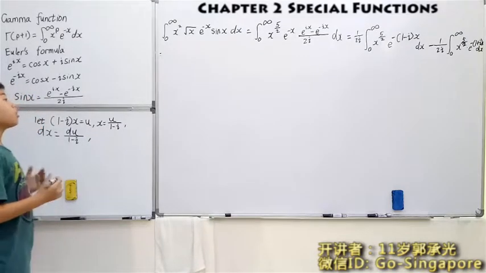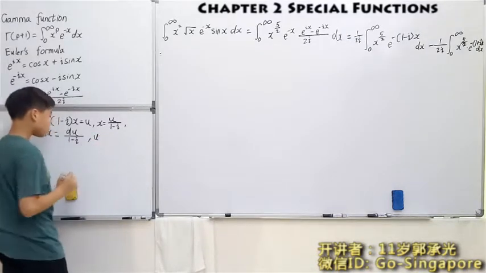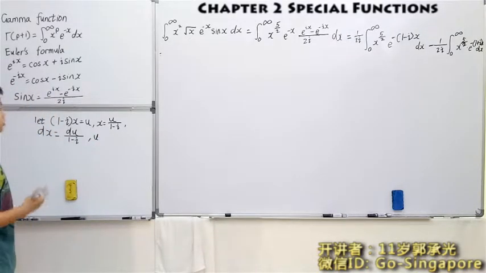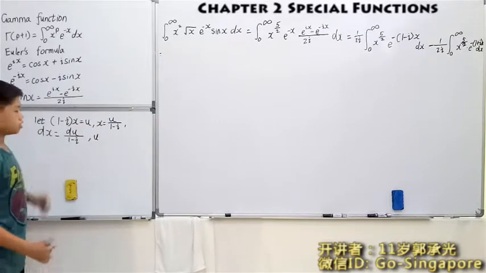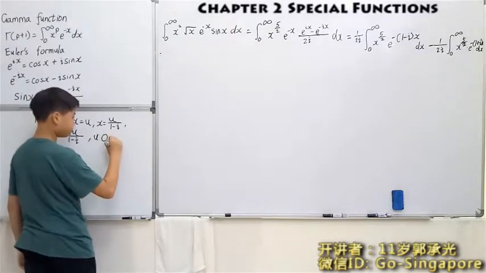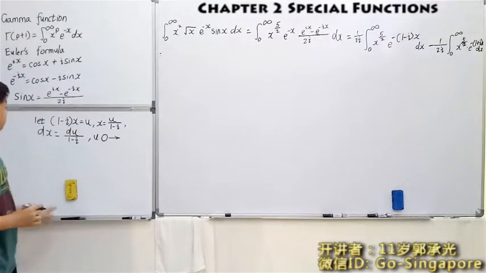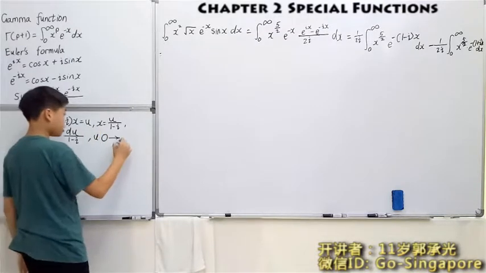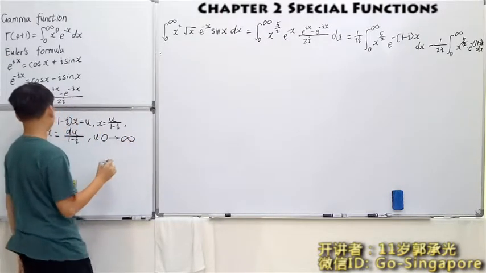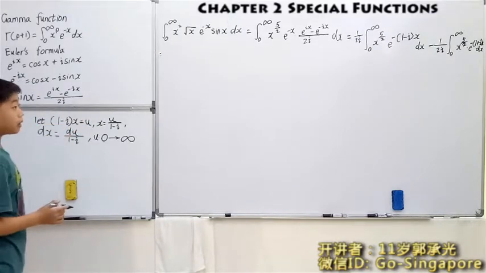But you also have to know its boundary. U, where is it from, to where? When x is 0, u is obviously 0. When x is infinity, u will have to be infinity, like this, for the first part.